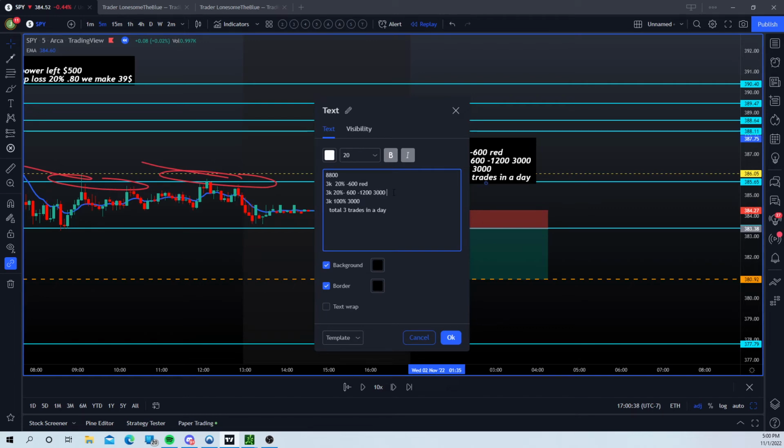So in reality, I'm only making $2,400 in a day. In the whole day, because I recovered this, I'll be at 12,400 in 3 trades.